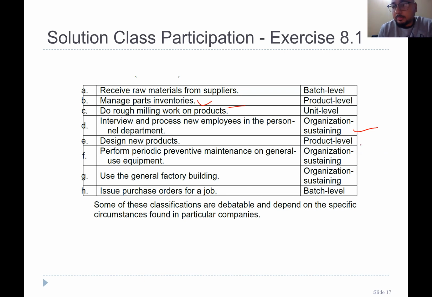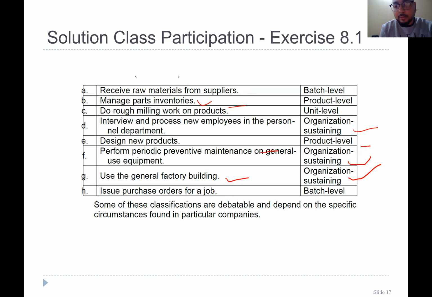Design new product level, because it is going to be applicable to the whole product. Perform periodic preventive maintenance on general use of equipment, organizational sustainability, like safety first. Use of general factory building, organizational sustainability. It doesn't have to be allocated to any product or batches or unit level.